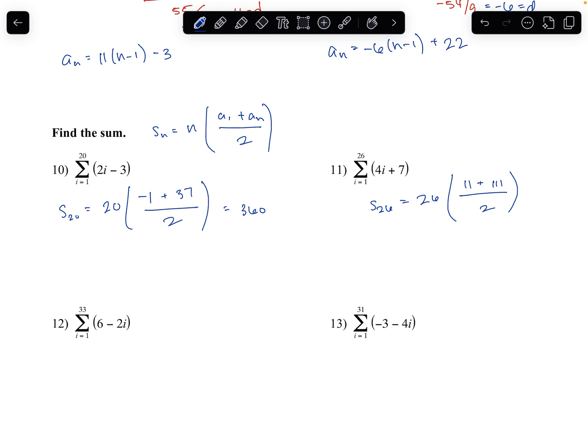Divide by 2, and then times 26. Nope, that's not what I wanted to do. All right, I've got 1586. That should be right. Let me just verify one more time. 122.